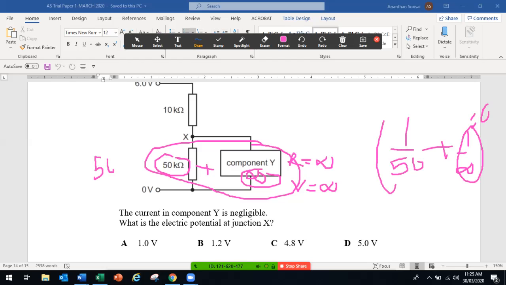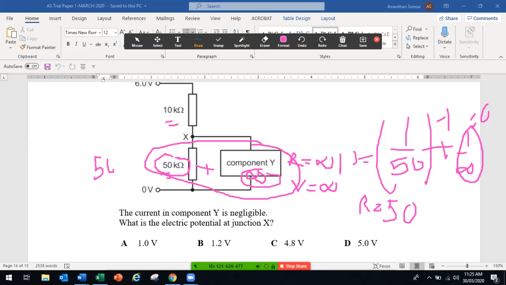Actually exactly the same as 1 over 50. Reciprocal, so your effective R is 50. So the component Y never changes the effective resistance at the bottom. So it's still 50 here, 10 here.